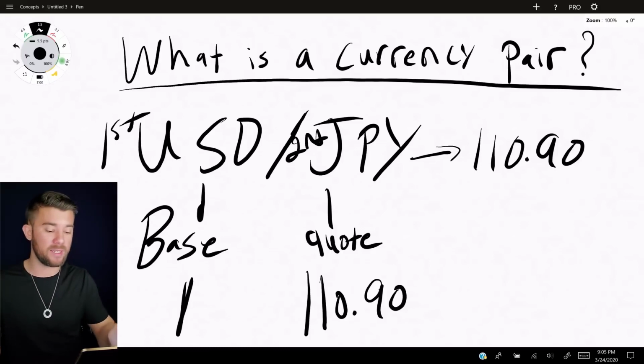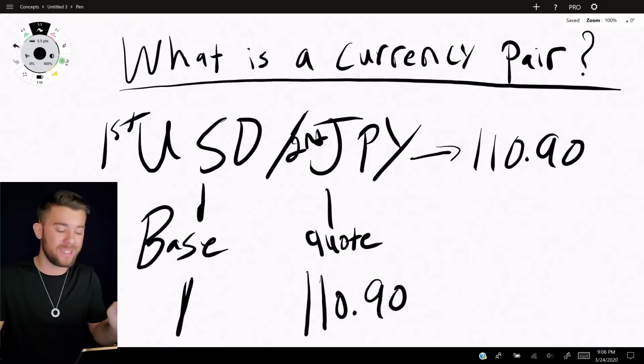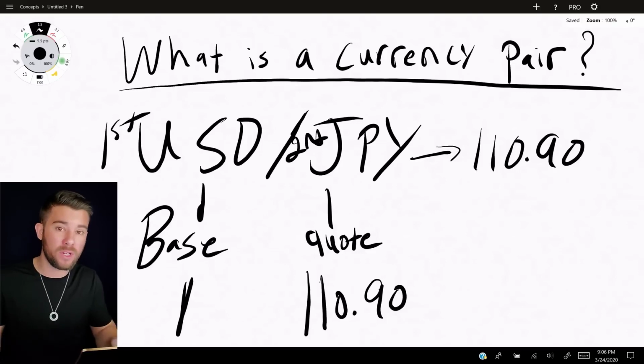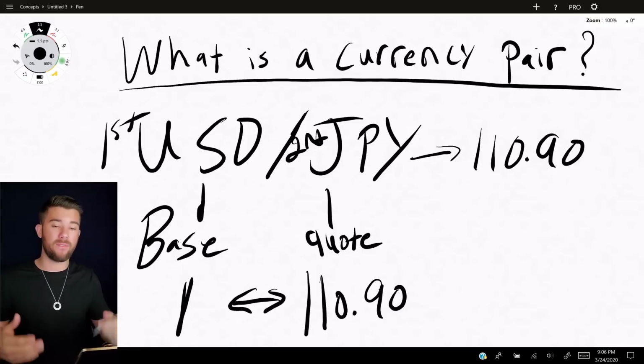So at this point, we can see that $1 is equal to 110.90 yen, and if you have 110.90 yen, then you essentially have $1 and vice versa.